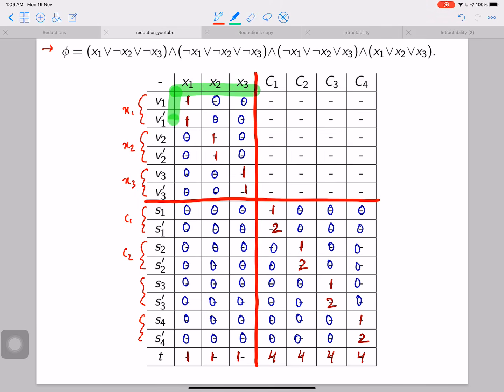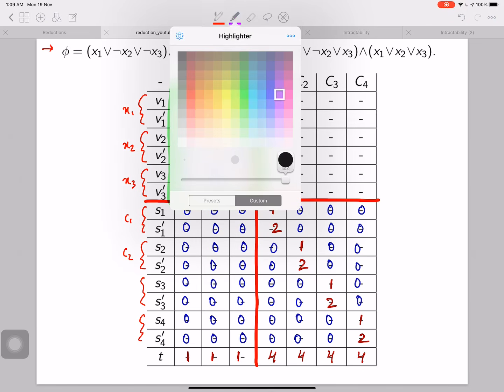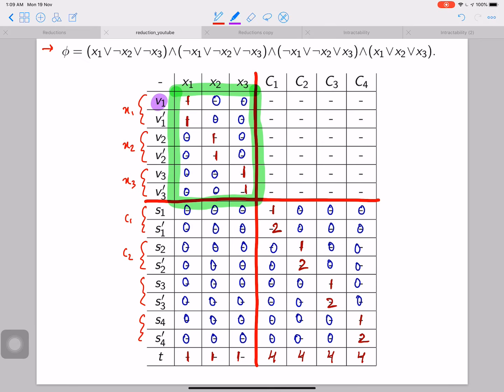If you look at the first block here, you'll see that v1 represents x1 being true, and v1 dash represents x1 being false. Similarly, v2 represents x2 being true, v2 dash represents x2 being false.